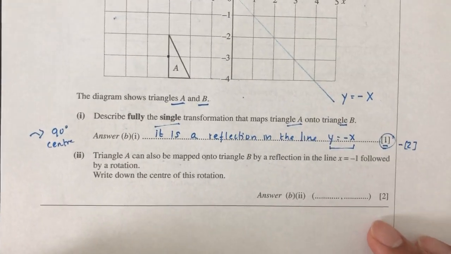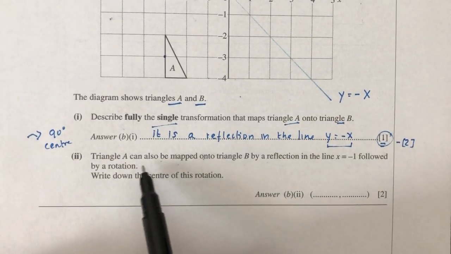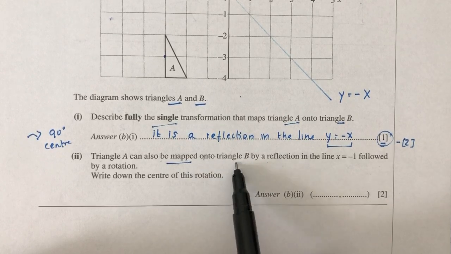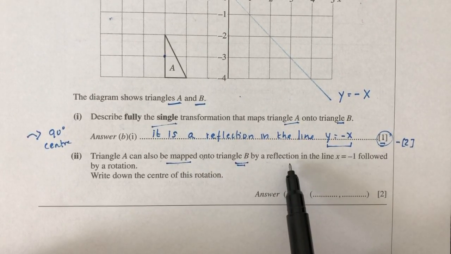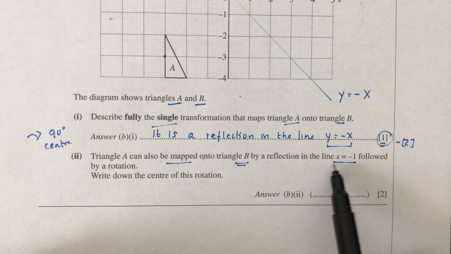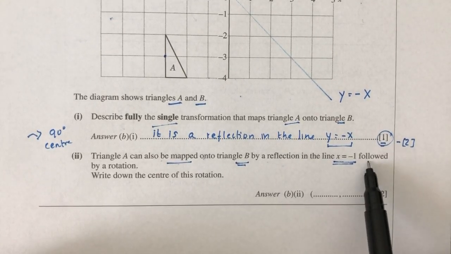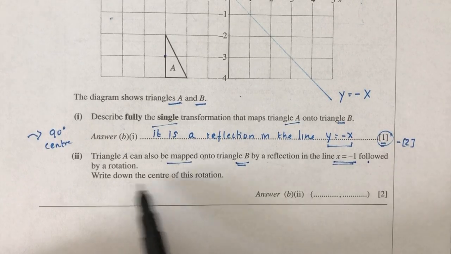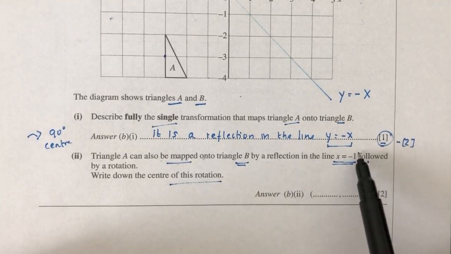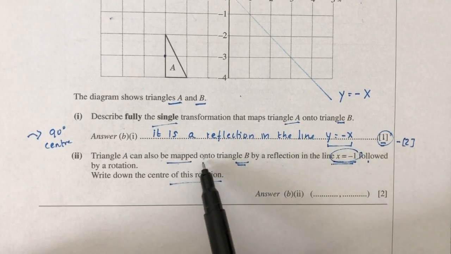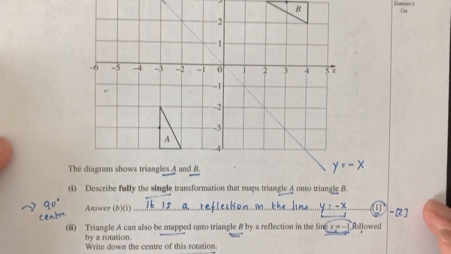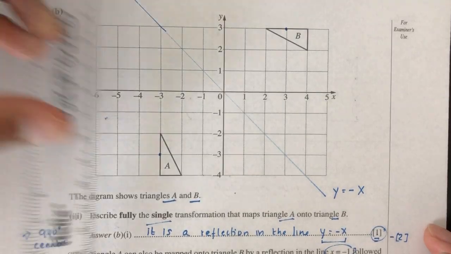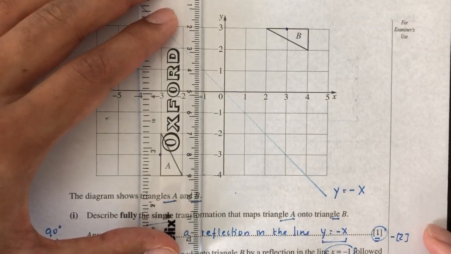Now for part 2, triangle A can also be mapped onto triangle B by a reflection in the line x equals minus 1 followed by a rotation, and we need to find the center of this rotation. So let's first find the reflection in this line. x equals minus 1 will be this line right here.